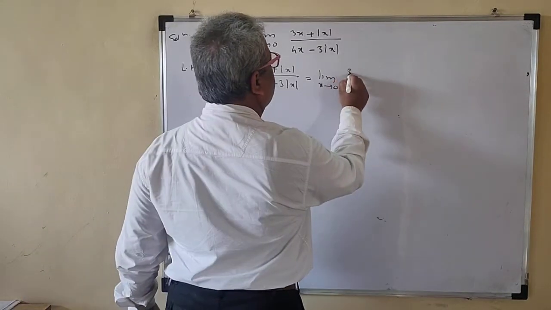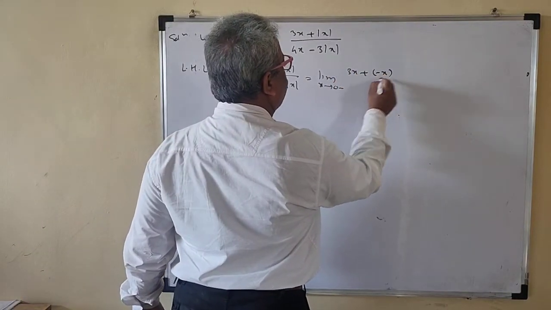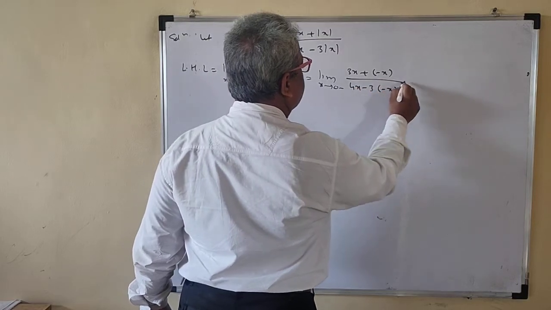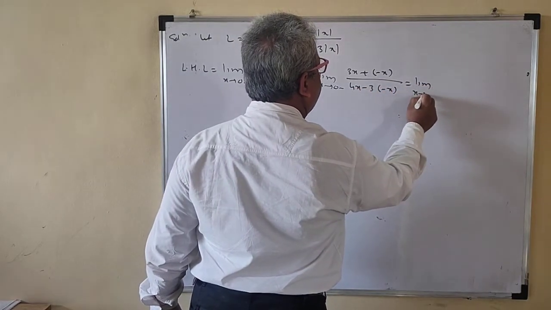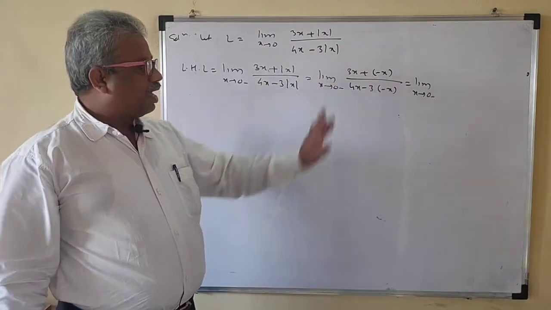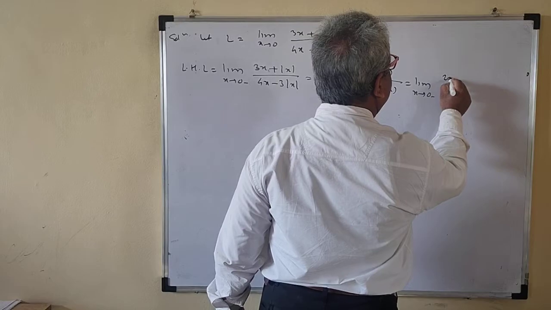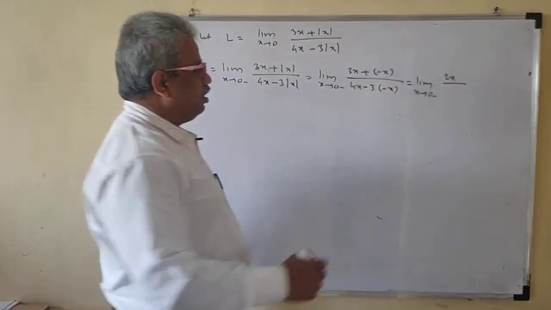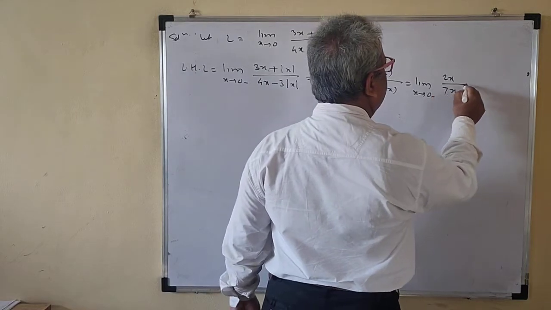So 3x plus minus x upon 4x minus 3 times minus x. So this is 3x minus x, which is 2x, and 4x plus 3x, which is 7x.